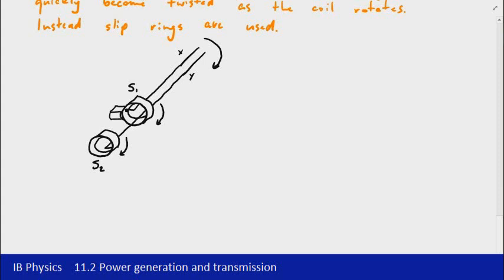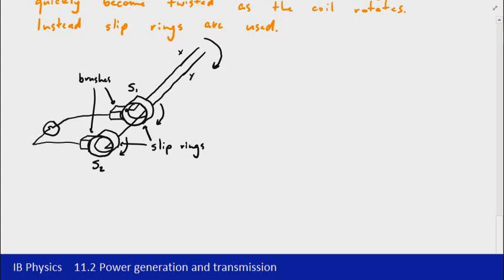They're not brushes in the usual sense, they're just pieces of metal that are permanently in contact with the slip rings, but aren't actually attached to them. So let me just notate this first. So we've got our slip rings here and here, and then we have our brushes here and here. Now those brushes are then connected to some external circuit, and we'll just do a simple bulb here as our external circuit.